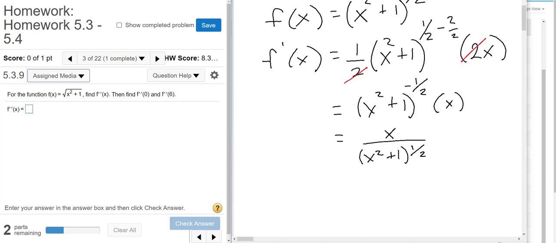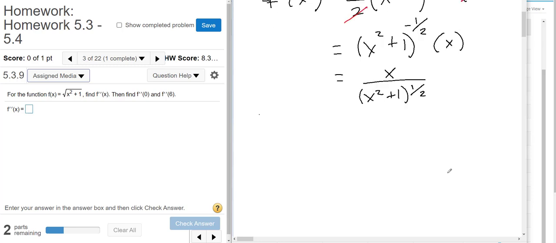Now, normally I might write that with the square root in the bottom so that I would know I need to take a square root, but I need to take the derivative again, so I'm just going to leave it with the fractional power. So to take our second derivative, we're going to be dealing with the quotient rule.